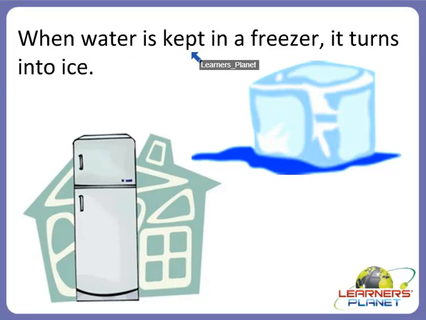When water is kept in a freezer, it turns into ice. So children, you can try this at home also. Just take an empty ice tray and pour some water in it and keep it in the freezer.